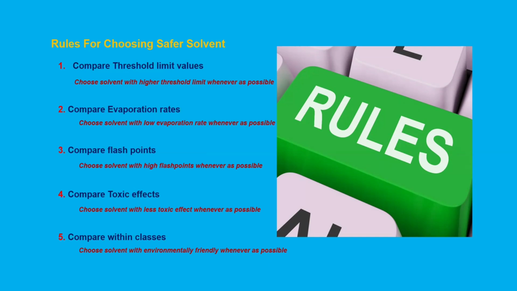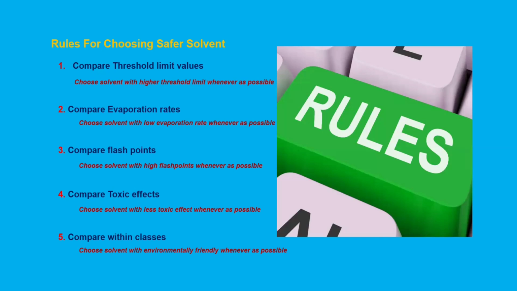If you don't know the threshold limit value for a solvent, please don't use it in the inks. Choose solvents with higher threshold limit values whenever possible. Don't go for lows. Compare evaporation rates. Choose solvents with a low evaporation rate whenever possible. Don't go for high evaporation rate solvents.